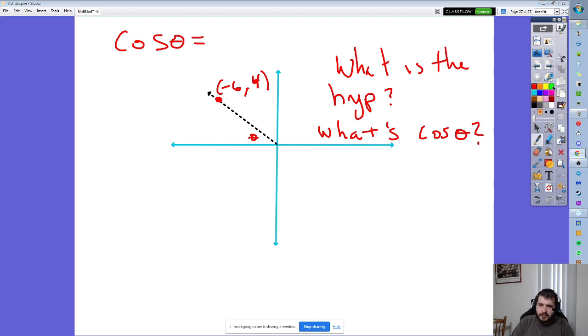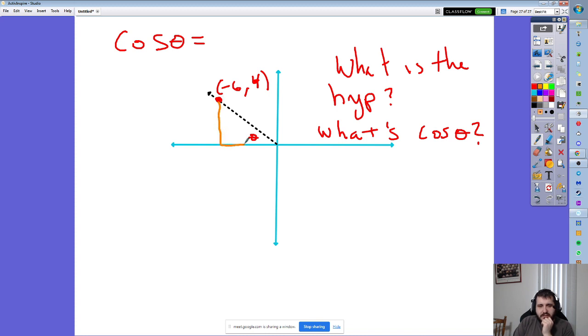Let's go back to like the very beginning with this. You're given this point right here, this -6, comma 4. And the thing I want to do is I want to find the cosine of my angle at that point. So from there, let's turn this into a triangle.